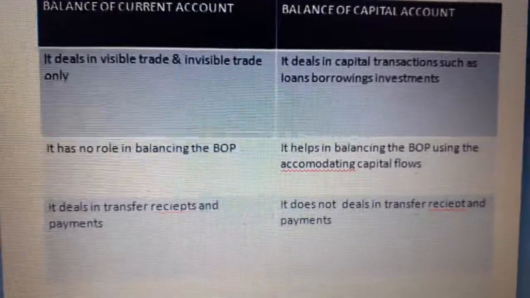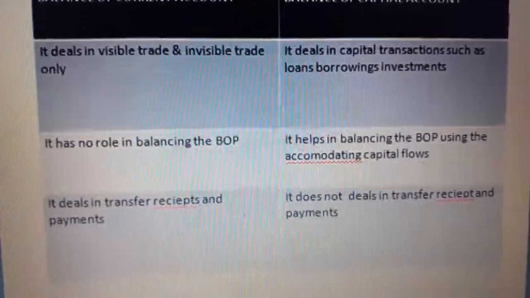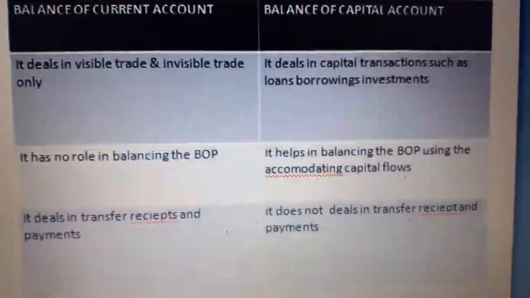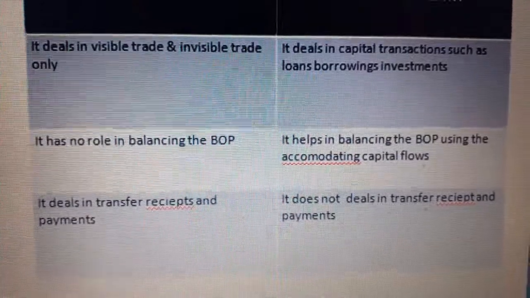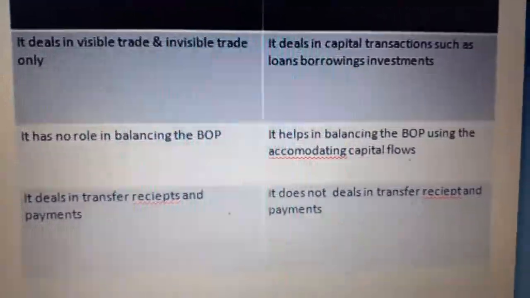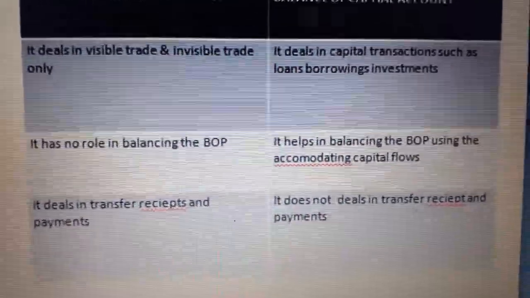Whereas in the capital account we have the accommodating capital flow, which helps in rectifying a surplus or deficit in the balance of payment. So this helps in balancing the balance of payment, and it balances in what sense? Accounting sense, right?